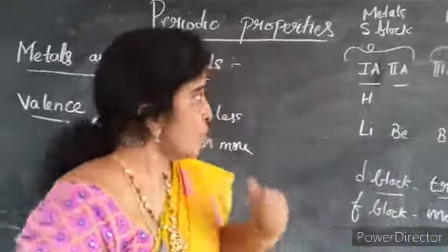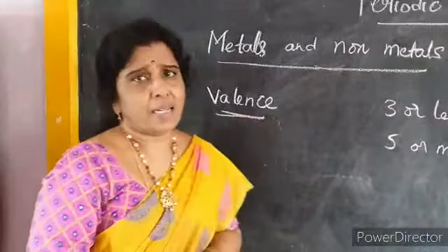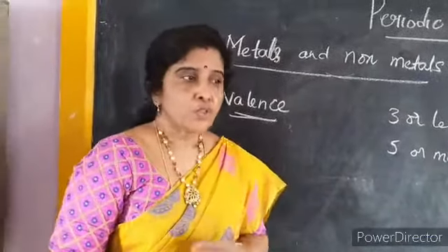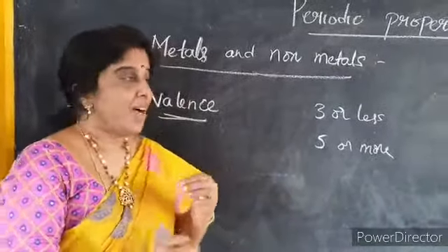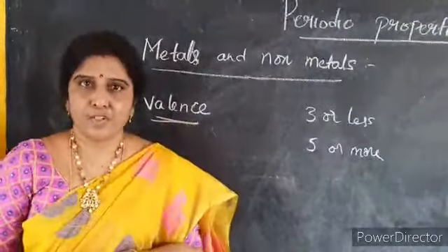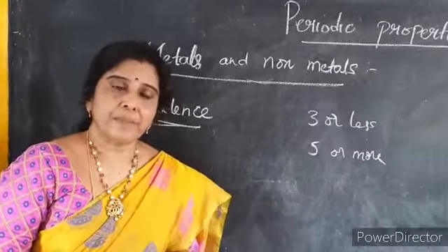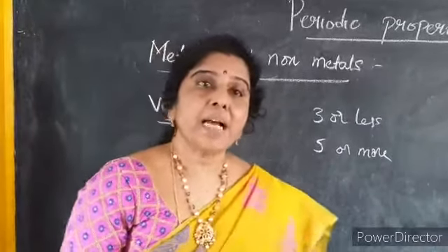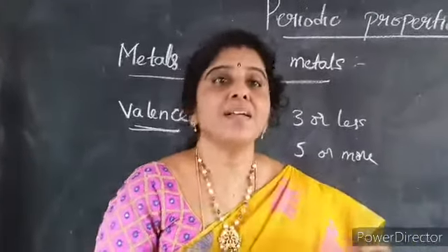Now the next property is valence. What does it mean by valence electrons? Generally the electrons present in the outermost shell are known as valence electrons. Then how do we define the valency of an element? Valency is nothing but the combining capacity of an element with respect to hydrogen and oxygen.